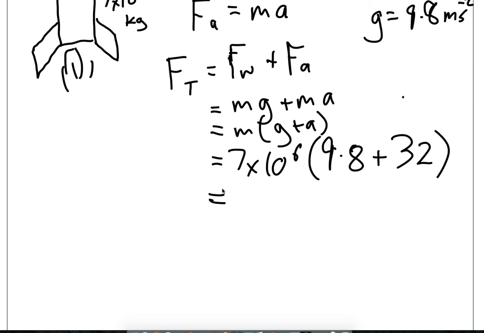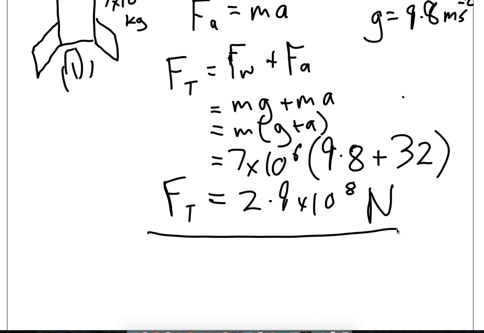Equals, and I wrote it down here somewhere, or I could calculate it, 2.9 by 10 to the 8, and it's a force we're looking for, so the unit is going to be newtons. So F total force required, 2.9 by 10 to the 8 newtons. Hopefully that's a relatively clear and relatively straightforward one.